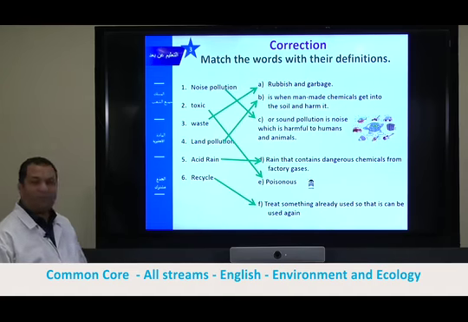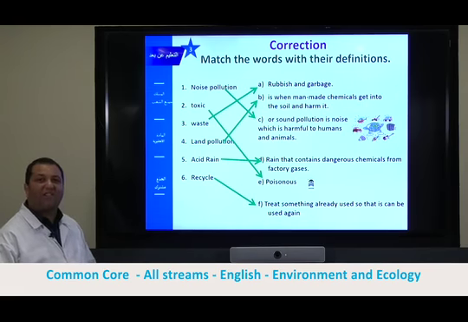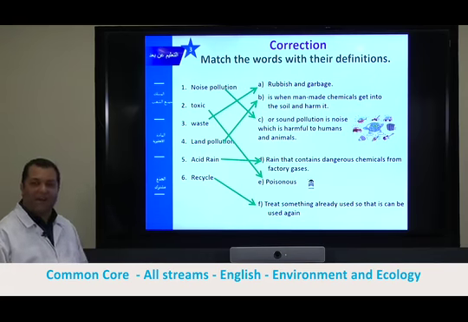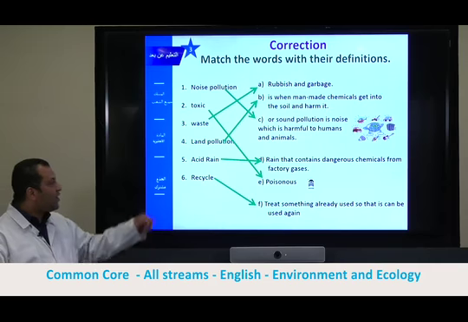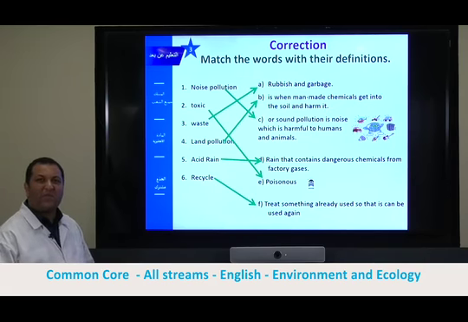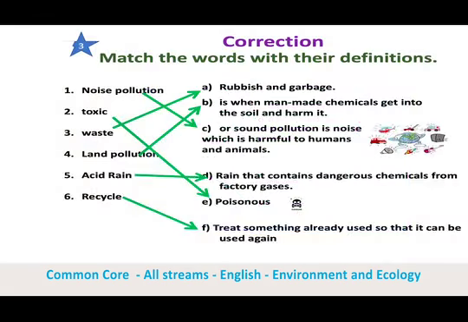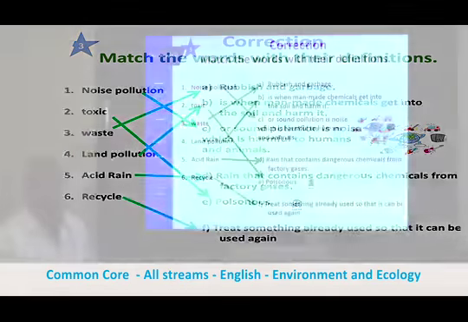Noise pollution or sound pollution is noise which is harmful to humans and animals. Toxic, poisonous. It contains poison which is very dangerous for our life. Waste, we can say waste, rubbish or garbage, things that can't be used anymore, and we throw them in a waste basket at home, for example.